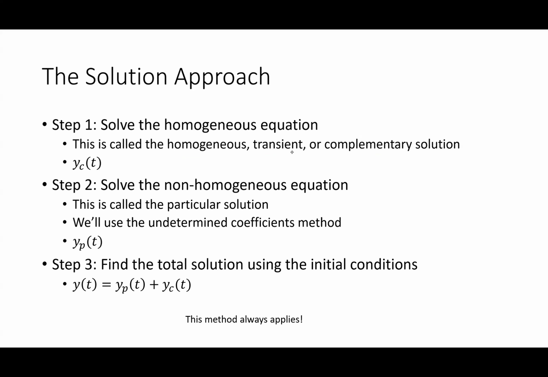Then I solve what I call the non-homogeneous equation. That's just the equation. We're using fancy math words, but let's say I give you A times dy by dt plus B times y of t equals C. So A, B, and C are all constants.